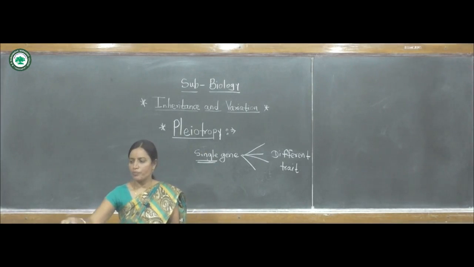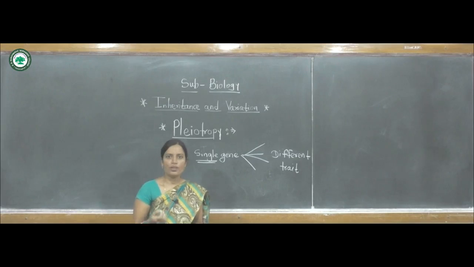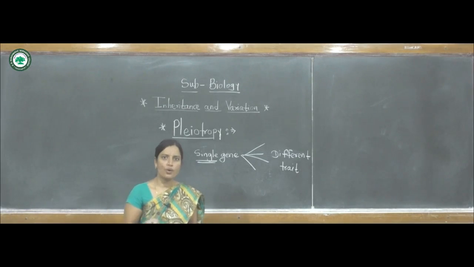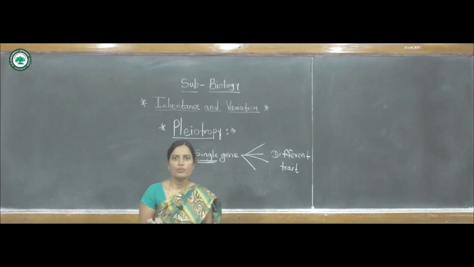An important example of a pleiotropic gene in human beings is sickle cell anemia. This is a disease, a disorder that takes place in human beings.